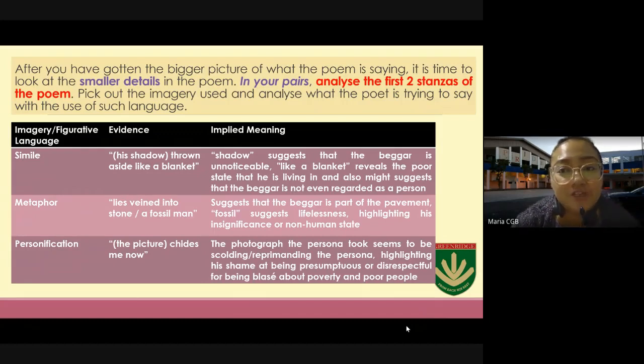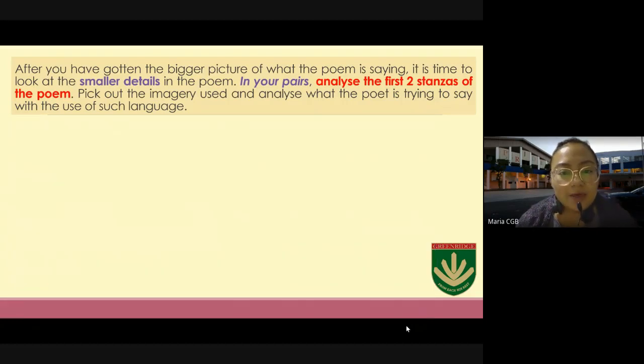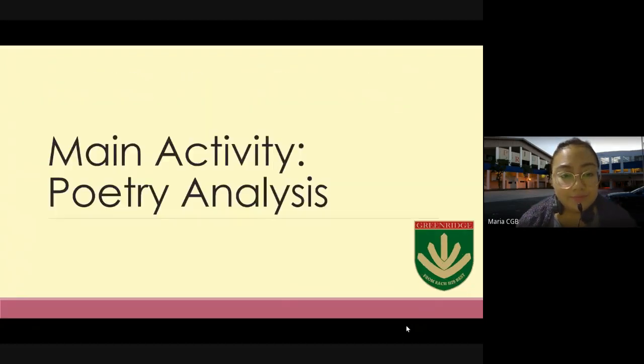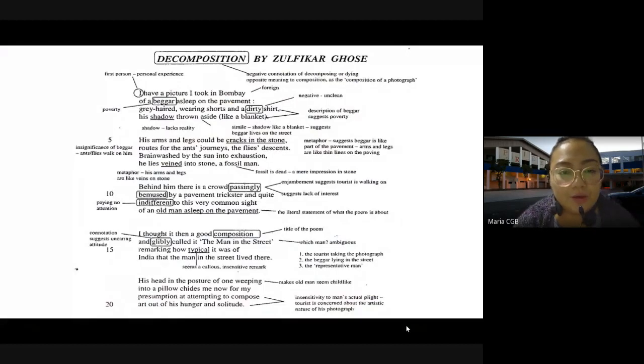This is just the first two stanzas. The next two stanzas, we want you to analyze yourself. So remember, I'll just go back to the last three stanzas here.